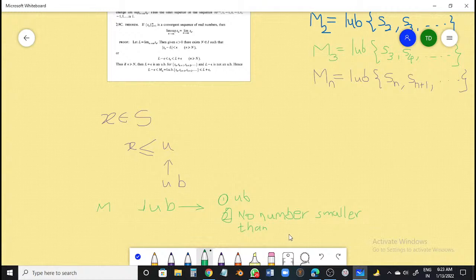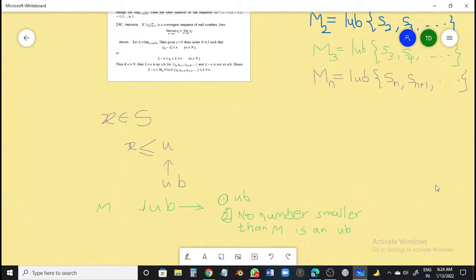Suppose M. So no number smaller than M is an upper bound. So these two conditions are very important for us. It should be an upper bound. By upper bound, what we mean? Every element of the set will be smaller than or at the most equal to this M. And it will be the least of all the upper bounds if no number smaller than M is an upper bound. So M is the smallest of all. If it happens, then we say that M is the least upper bound.